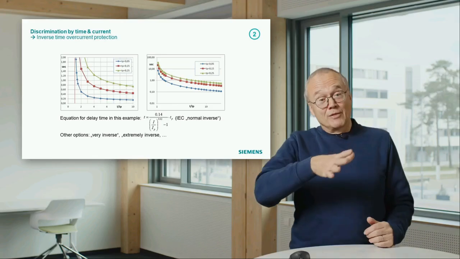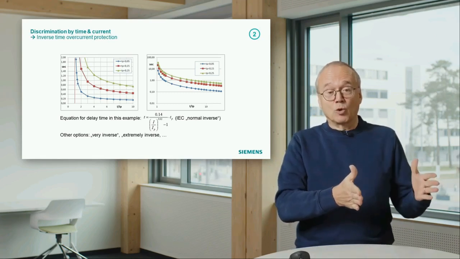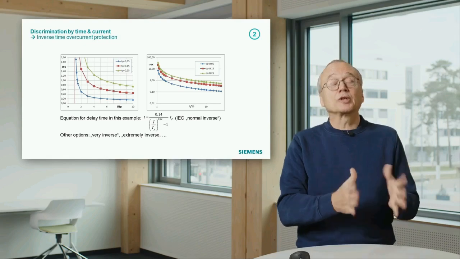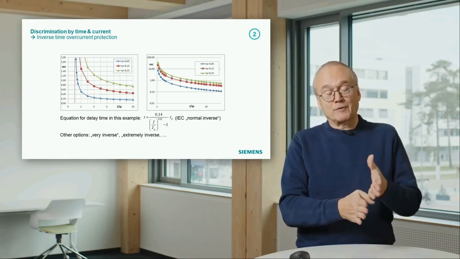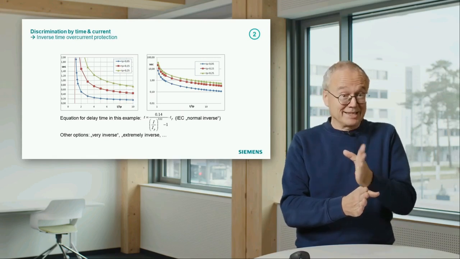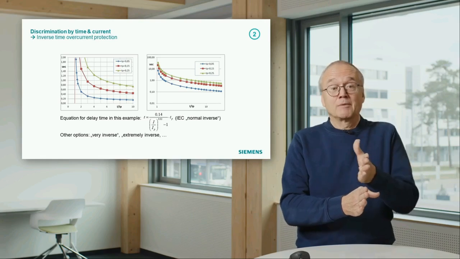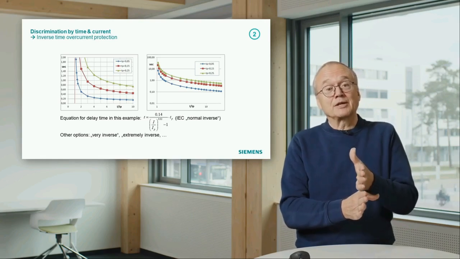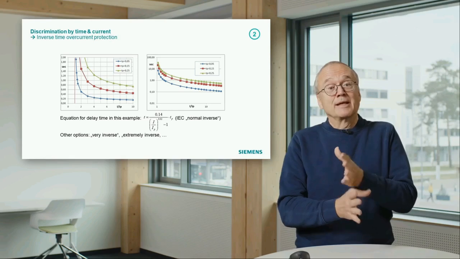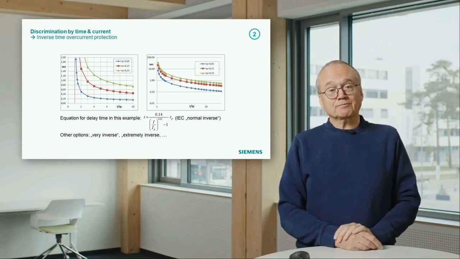Again, you have one current value. If the current is below that value, you will not have any trip. And if the current is above your setting value, that means we have again a setting value of the current, like definite time overcurrent. But the difference is if the current is above the setting value, the delay time depends on the current.